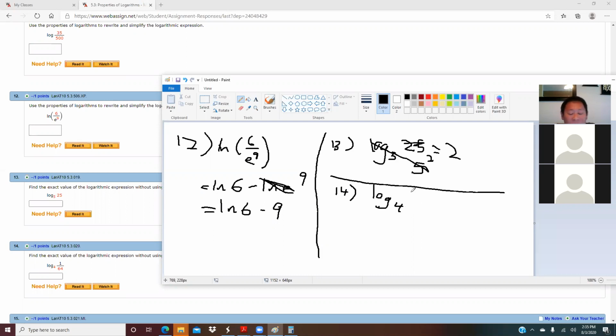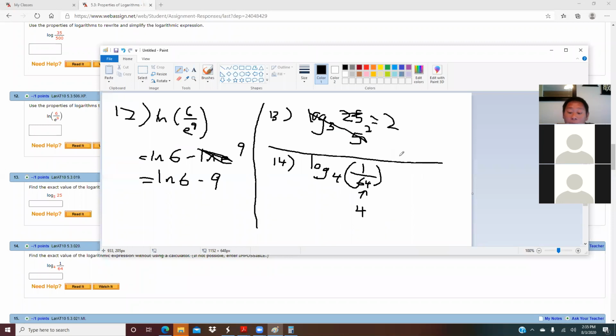Same thing happens to 14, log base 4 of 1/64. Can someone tell me this is 4 to the power of what? 64 is 4 to the power of, so these are quite fast, actually not too difficult if you know your powers. No, not 4 to the 4. 4 to the 4 is 256. 4 to the 3, yes. 4 times 4 times 4 is 64.